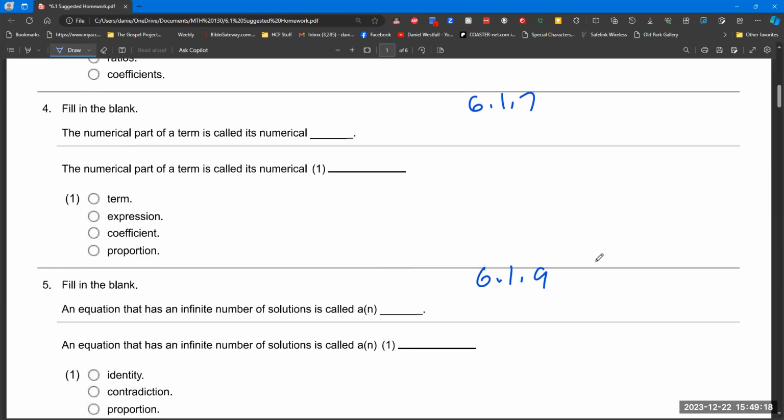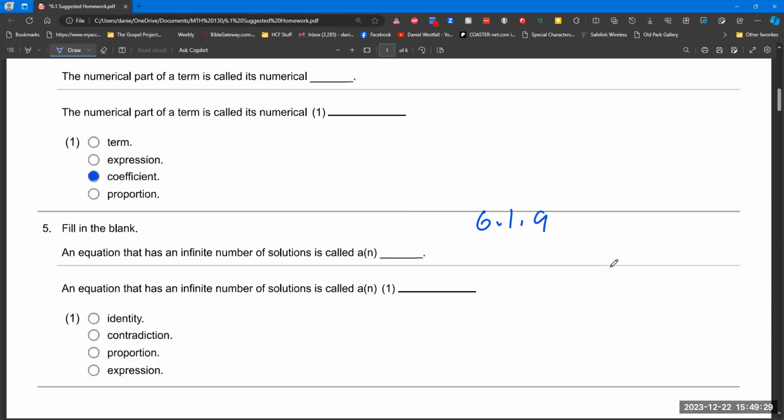The numerical part of a term is called its numerical coefficient. And an equation that has an infinite number of solutions is called an identity, because it's always true for every number.